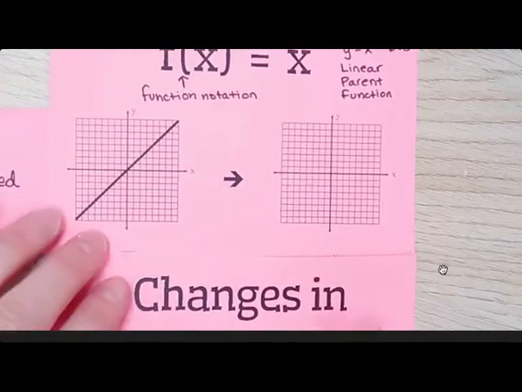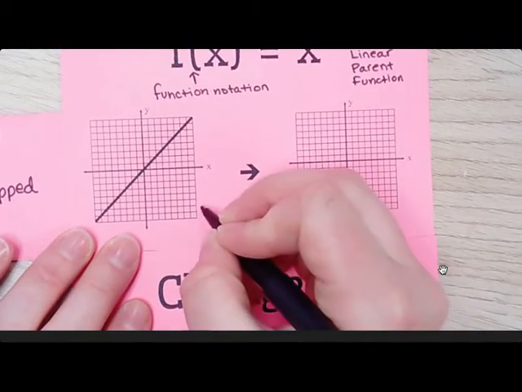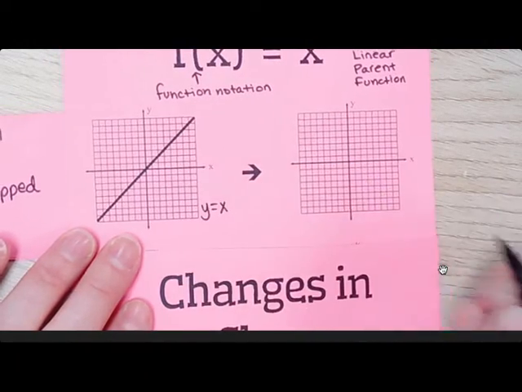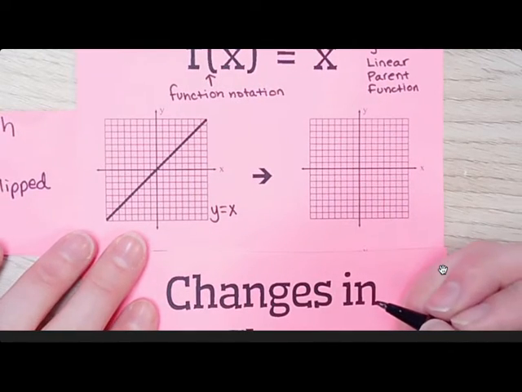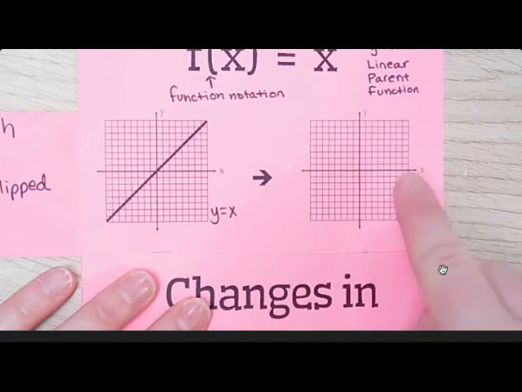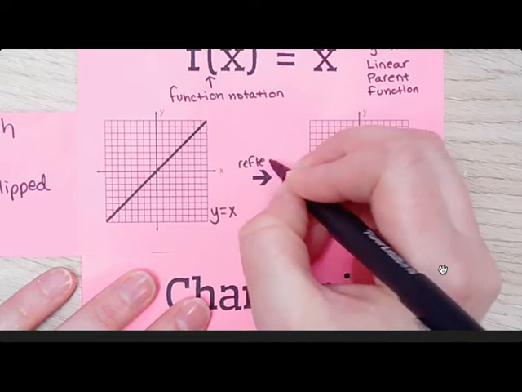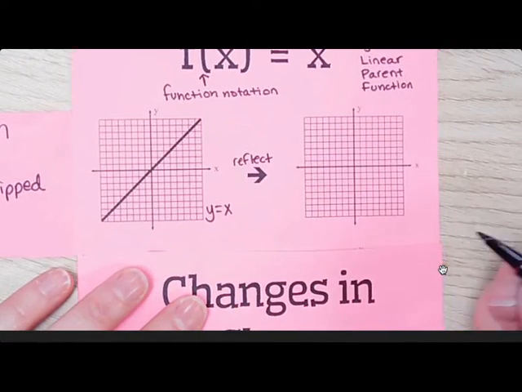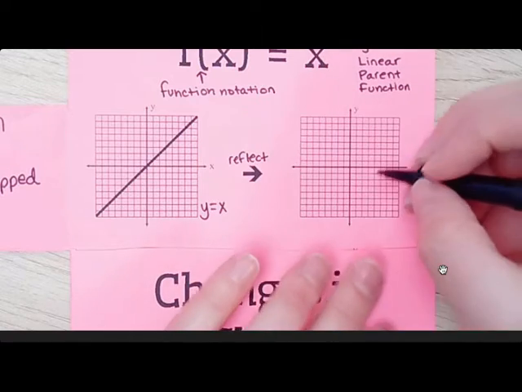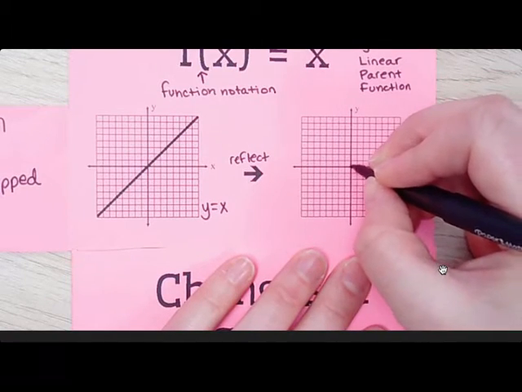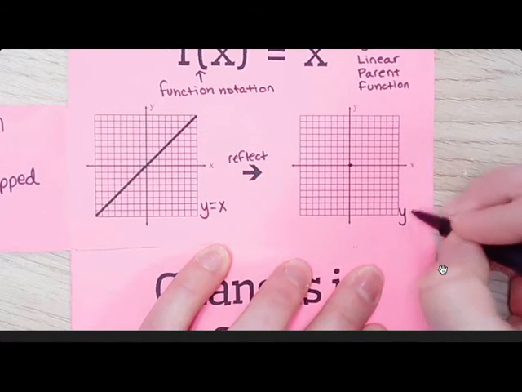Okay, so we know that this one is y equals x, or f of x equals x. So we are going to reflect it or flip it into y equals negative x. So we're going to write over here, y equals negative x.